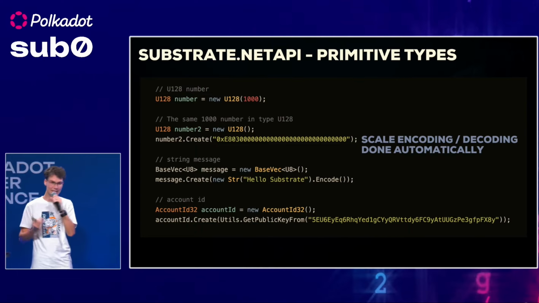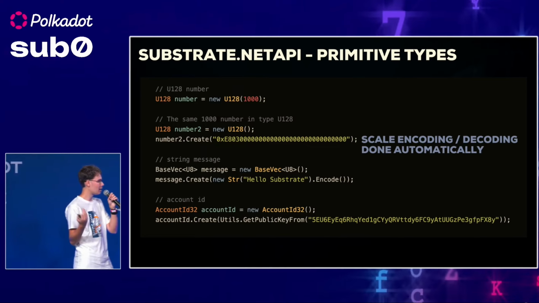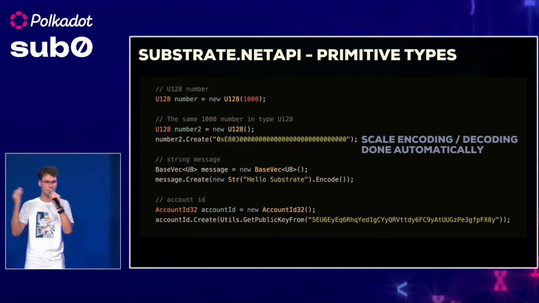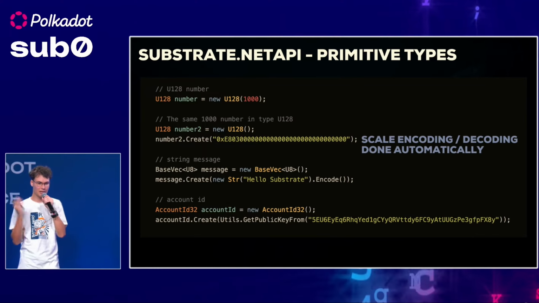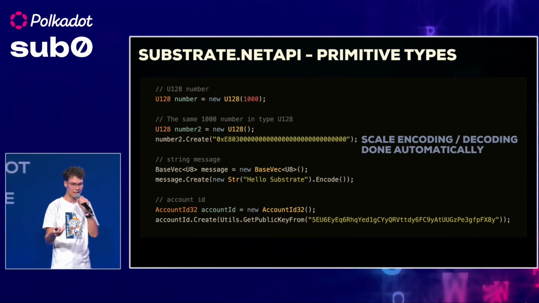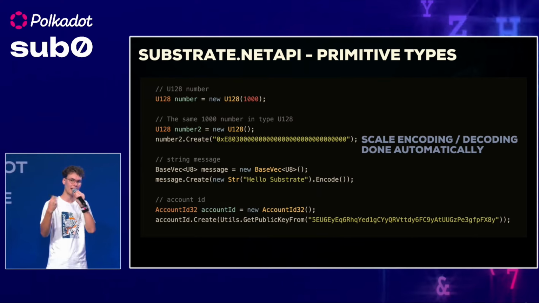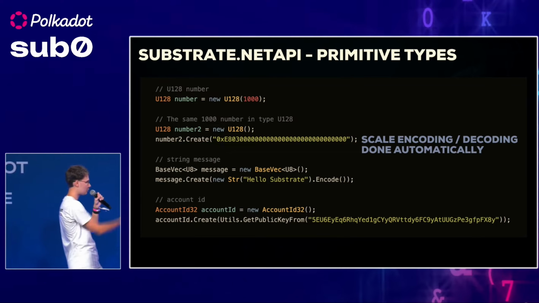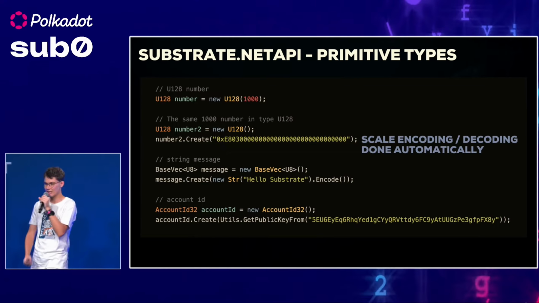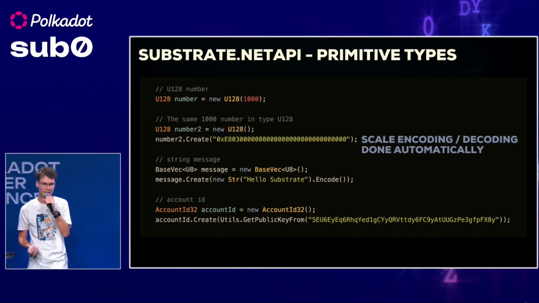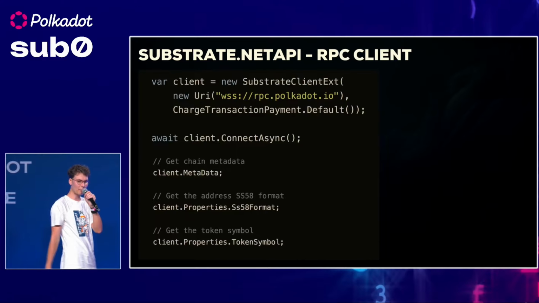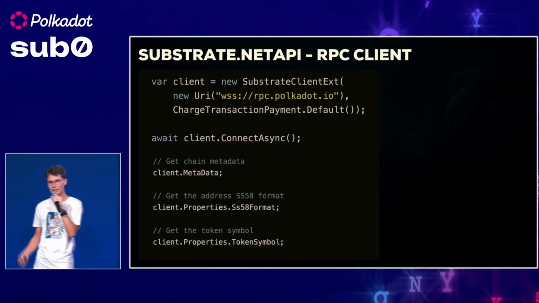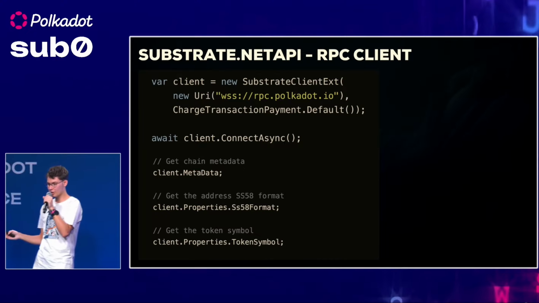So what it does is that it implements all of the Substrate primary types, along with their respective SCALE encoding and decoding, which is very useful. So as you can see, you can have numbers or account IDs, so all of the primary types. Then we also implemented the RPC client, which allows you to connect to the blockchain node.